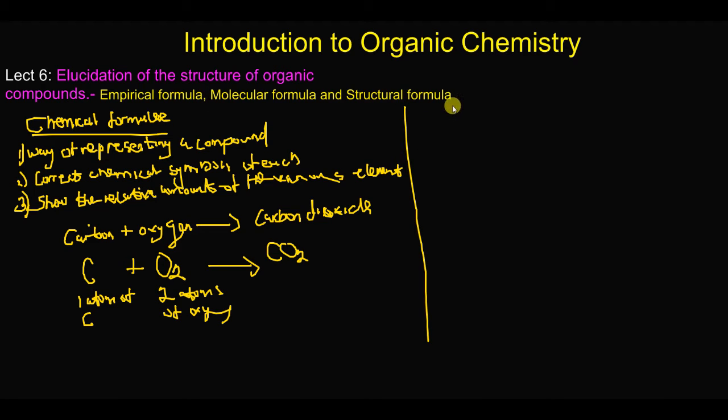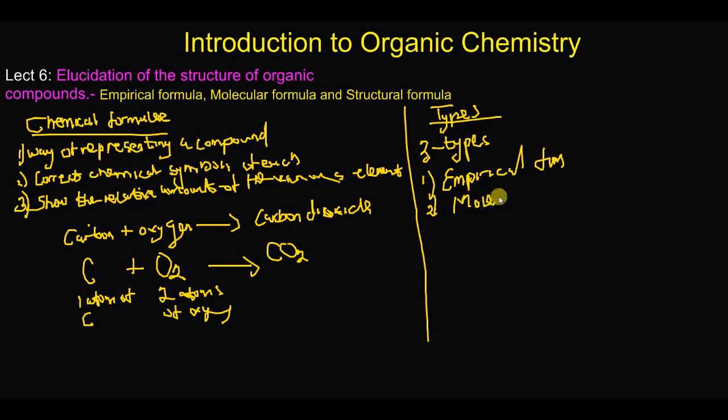And in chemistry there are three types of chemical formulas. The first one, as we said already, is the empirical formula. Two, we have the molecular formula.